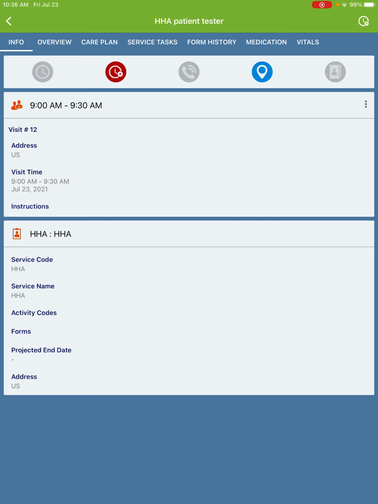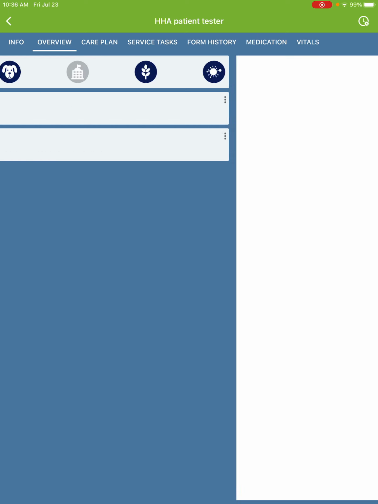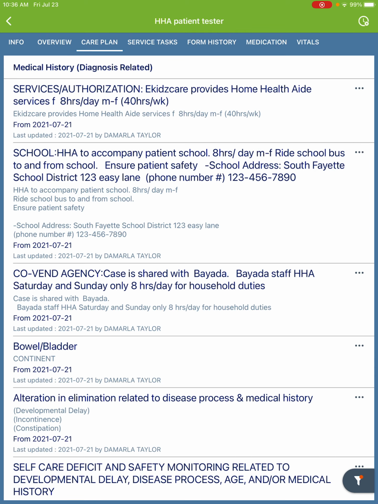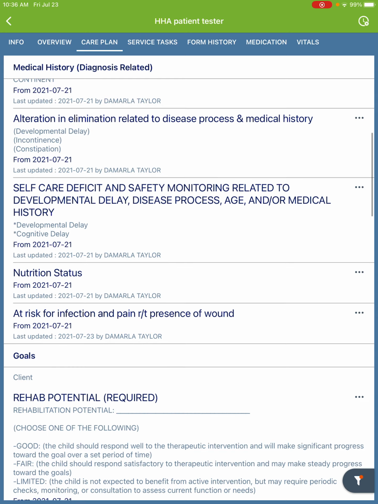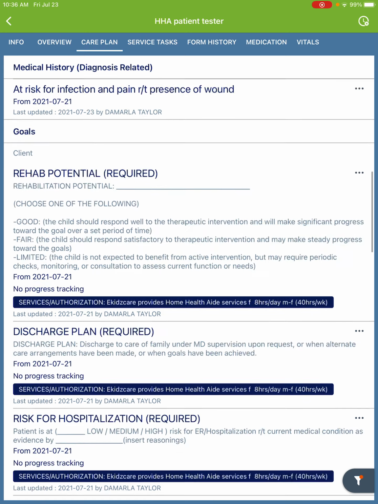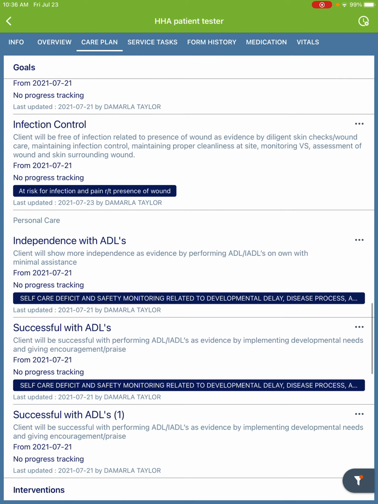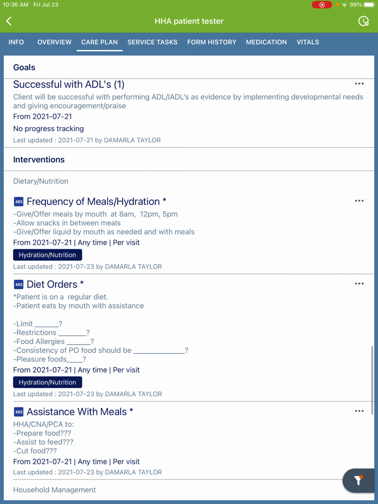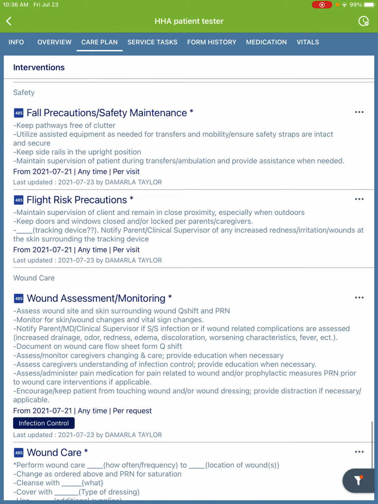So as we discussed in the previous training, we have our overview tab, we have our care plan. It outlines our patient's care plan. This is the plan of care that we follow. Just to take you through it quickly, all the interventions.